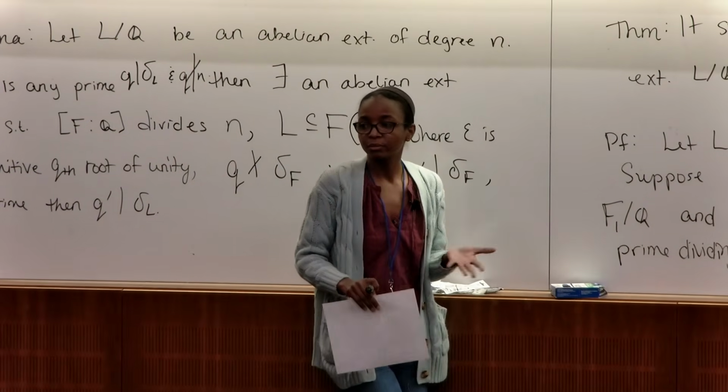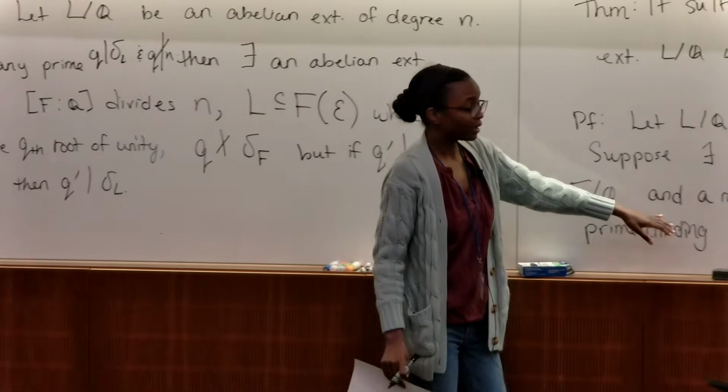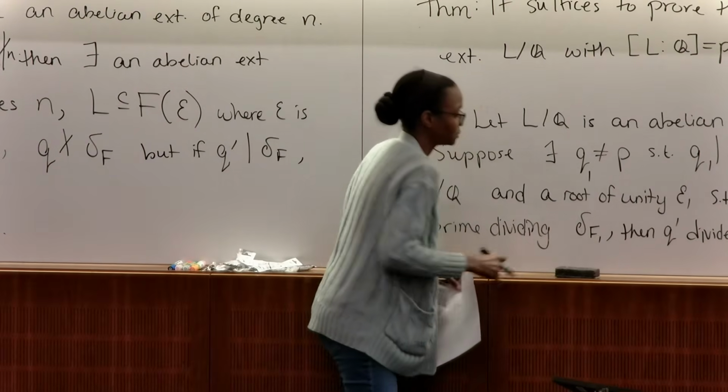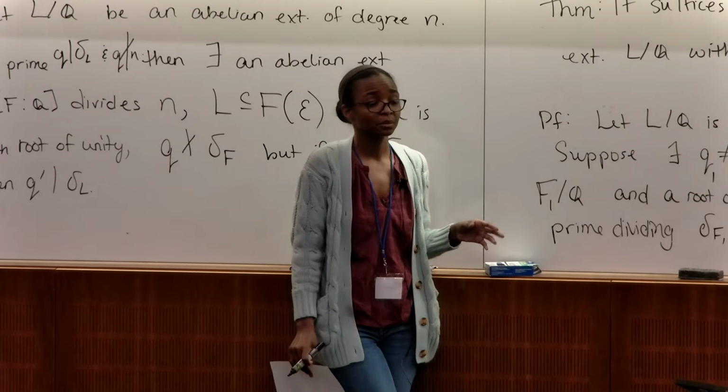What do we gain by this? What we gain is that delta F1, the discriminant of F1, has strictly fewer prime factors than delta L.